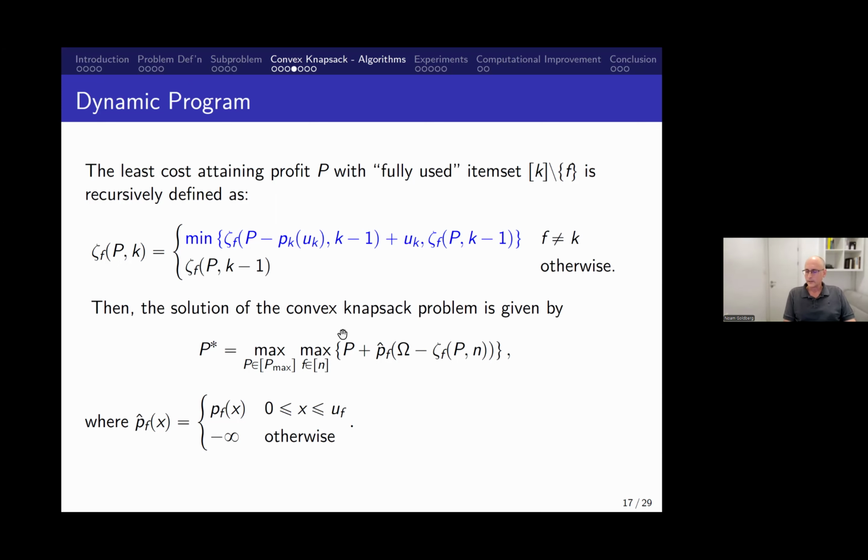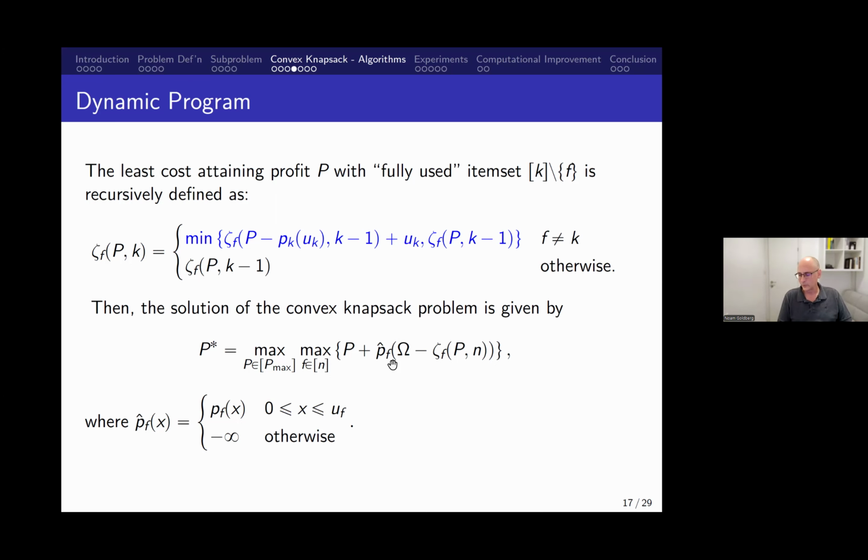Okay, so at the end, the solution of the convex knapsack is then: we go over all possible profit values and all possible fractional items excluded, and then we consider the profit to be the profit P, and what we can obtain from the remaining capacity after obtaining that profit P from fully used items.